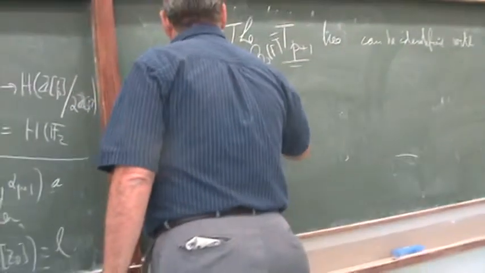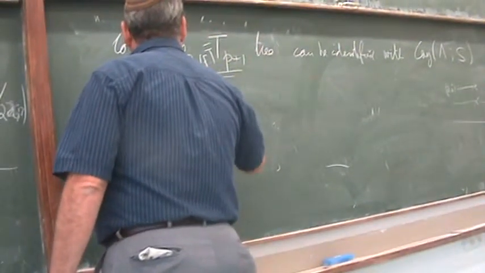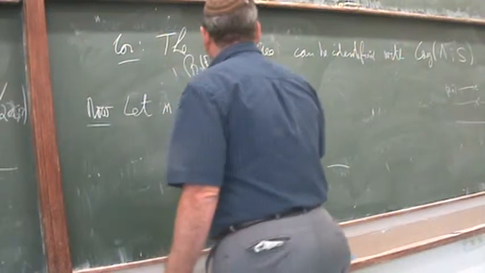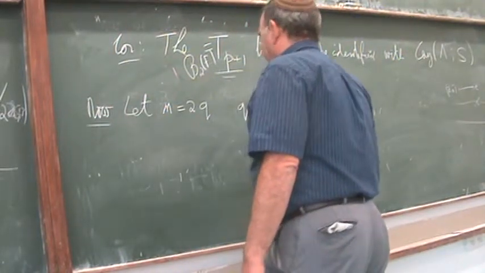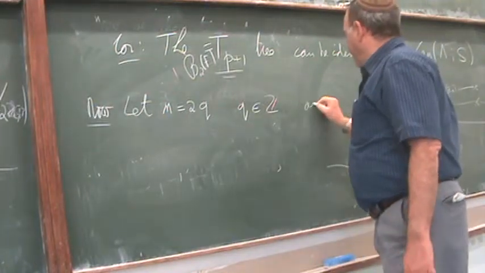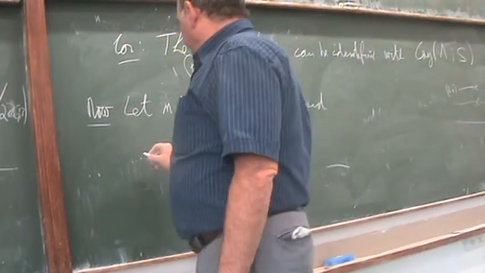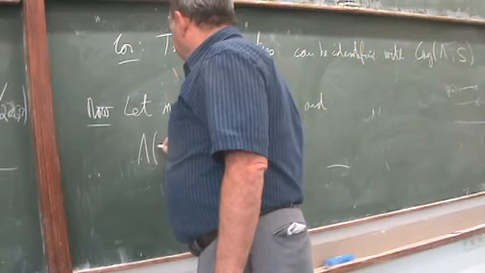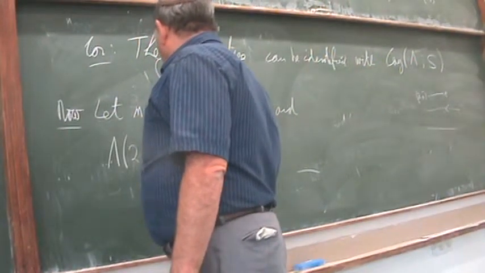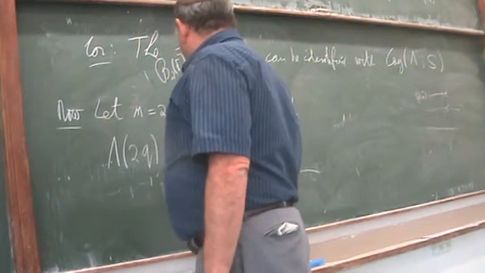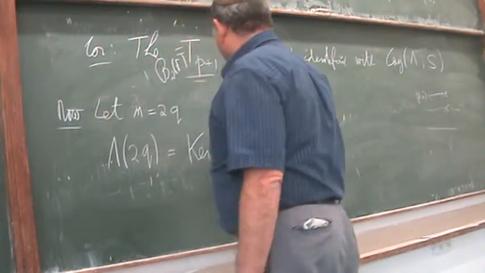Okay. Now, let M equal 2 times Q. Q is any integer. And I will call it lambda 2q, which will be the kernel from gamma.